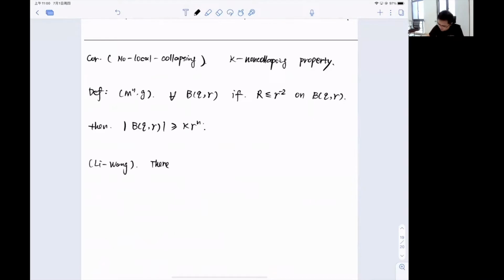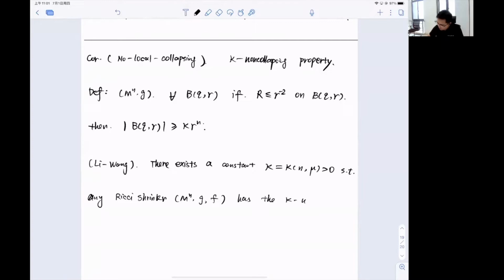That is, we show that there exists a constant Kappa, which depends only on the dimension n and the mu, such that any Ricci shrinker (M, g, f) has the Kappa non-collapsing property.